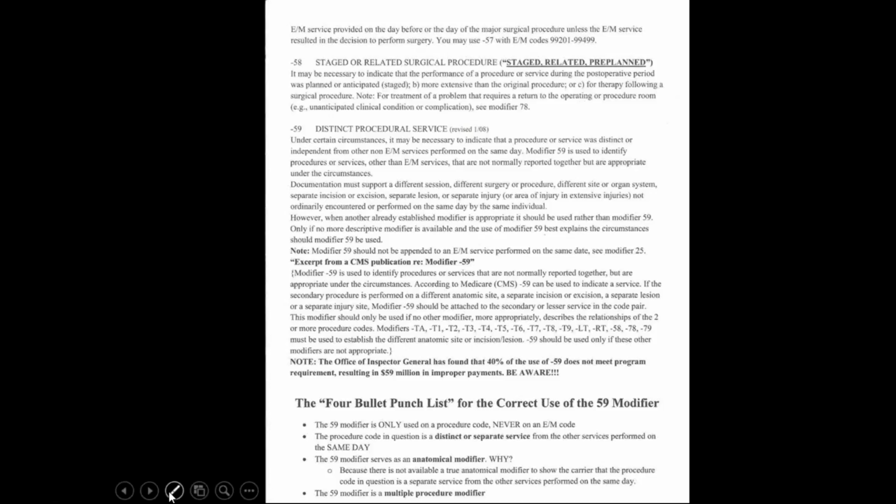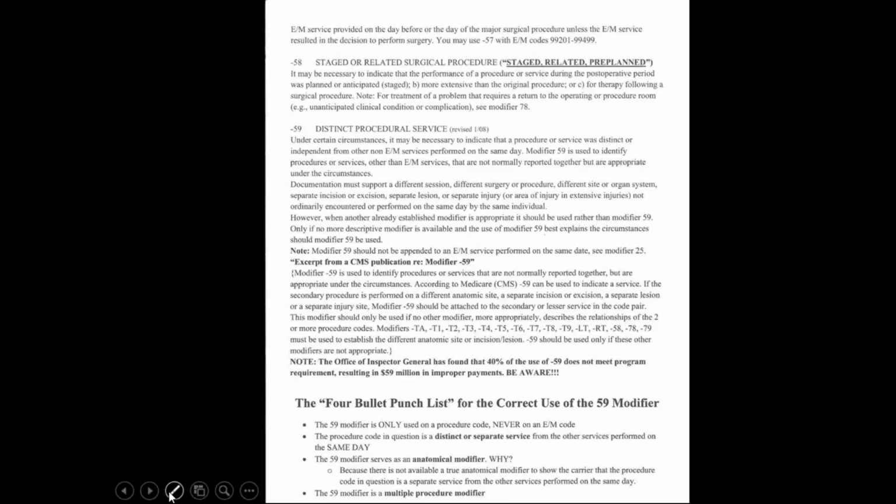The bottom line is, when a minor surgical procedure code is performed in conjunction with an E&M service, a 25 modifier goes on the E&M service. When a major surgical procedure is performed in conjunction with an E&M service, a 57 modifier goes on the E&M service.